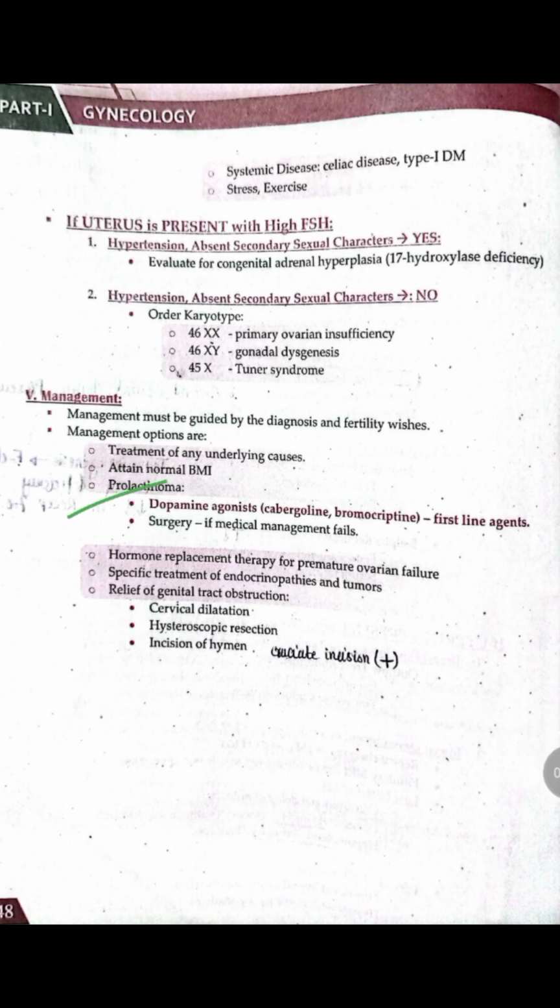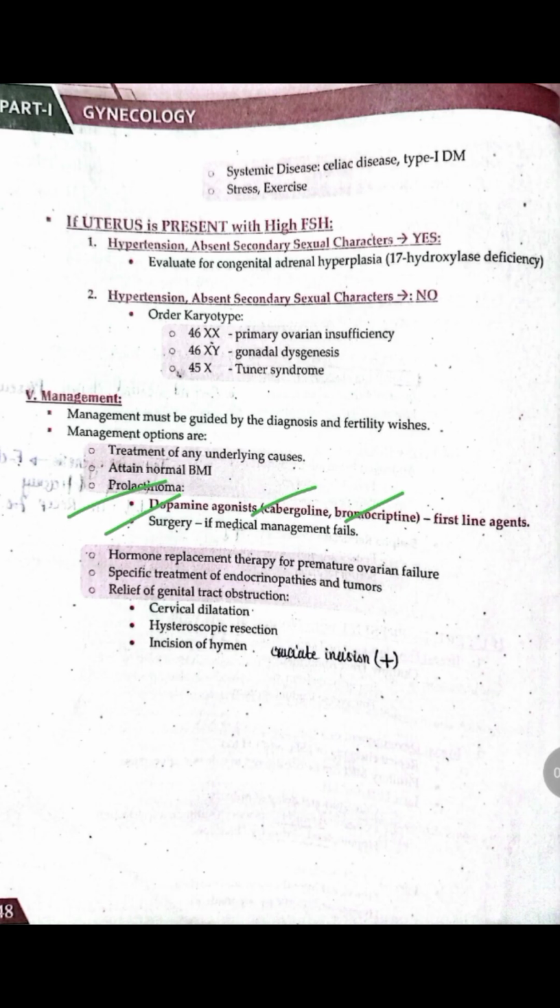The first one is medical treatment, in which we give the patient dopamine agonists like cabergoline and bromocriptine, which inhibit prolactin synthesis. If the patient fails to respond to medical treatment, then we have surgical treatment that involves transsphenoidal surgical resection. Similarly, we also do radiotherapy or chemotherapy if surgery is not possible.